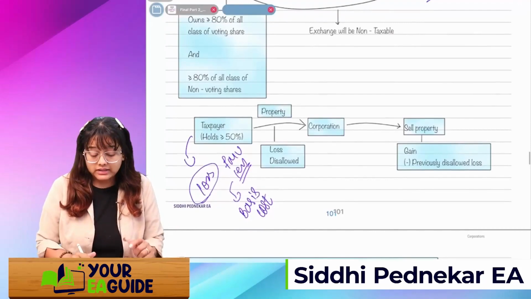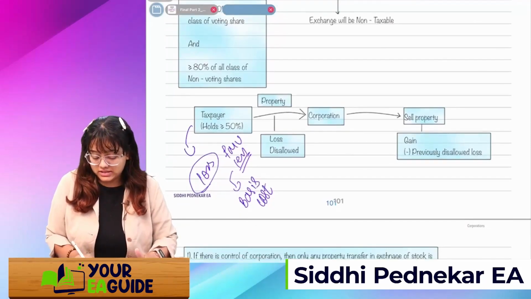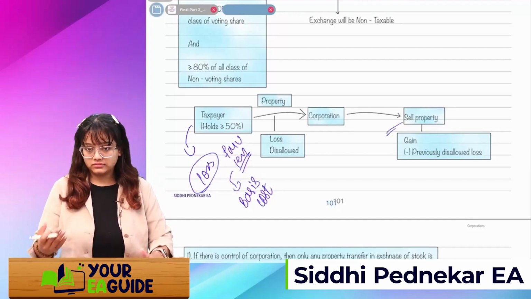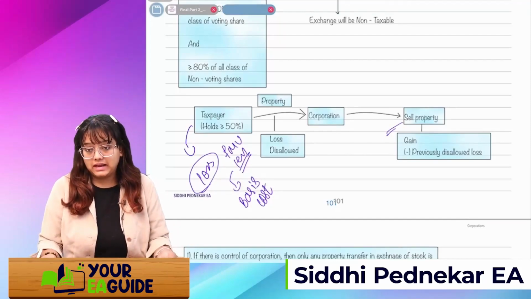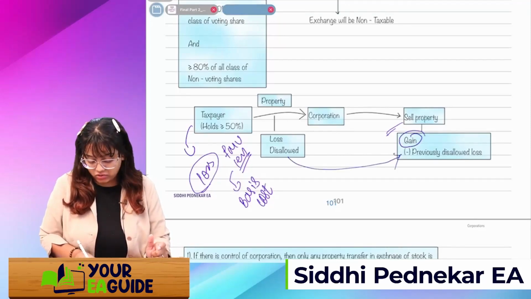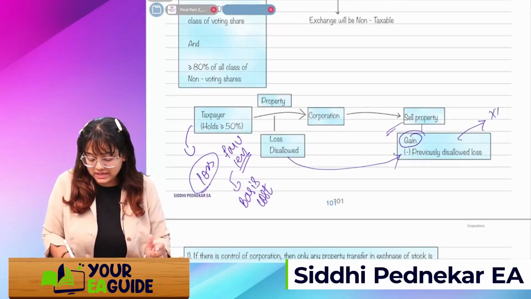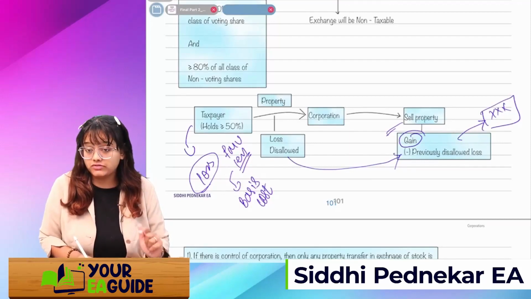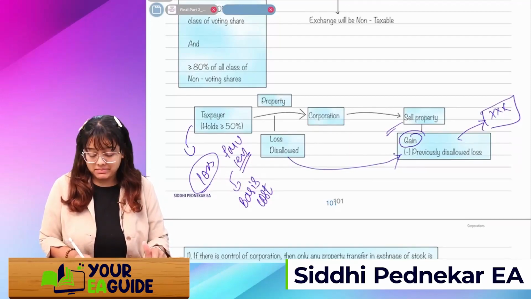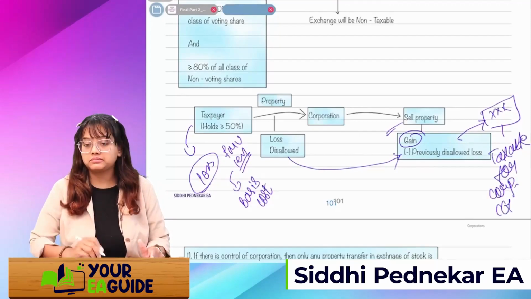This loss will be disallowed. But if the corporation sells the same property, then there might be a gain, and out of this gain, whatever was previously disallowed will be reduced. Whatever amount remains after reduction of this loss will be taxable for the corporation as a capital gain.